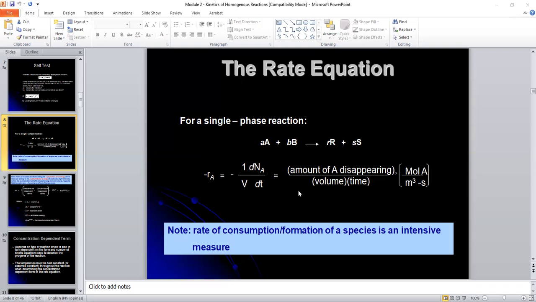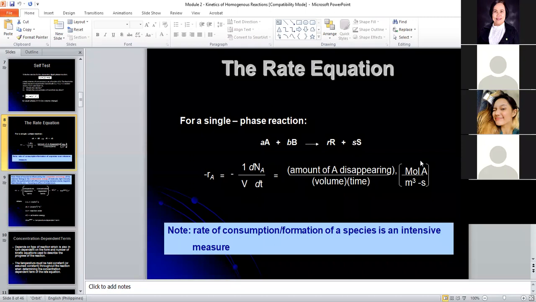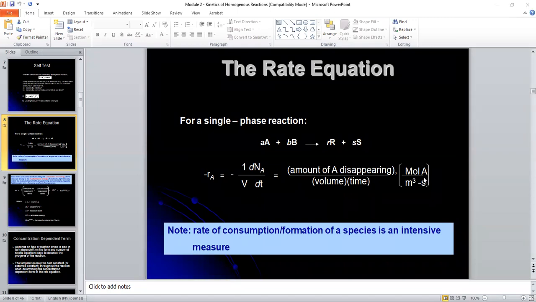Now you can see here in your rate that you have the unit mole of A per cubic meter per second. So mole for moles, cubic meter for volume, and second for time. So the amount of A disappearing per unit volume per unit time.